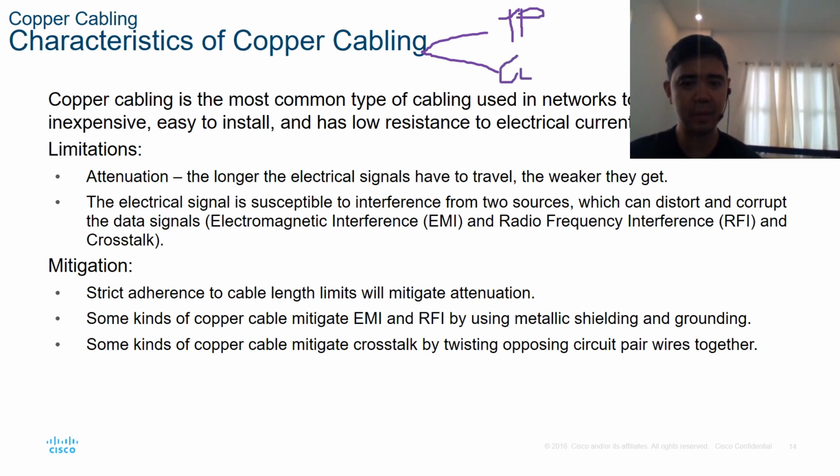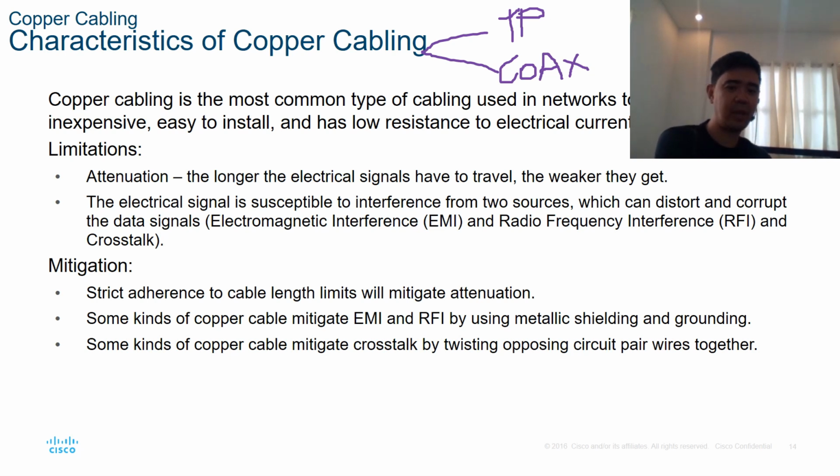The most commonly used type of cabling is copper cabling, especially the twisted pair, because it is easy to install and cheap. Actually, there are only two cables being used: the copper cabling and the fiber optic. So the twisted pair is the most commonly used and easy to install.